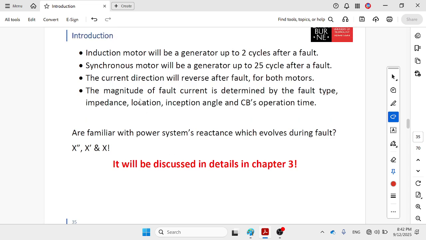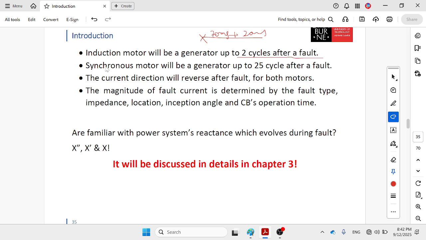So you should memorize this one. An induction motor will be a generator only for 2 cycles after the fault. Only for 2 cycles means from the time the fault happened until 2 cycles. One cycle is 20 milliseconds, so 2 cycles is another 20 milliseconds. Then it becomes a motor.